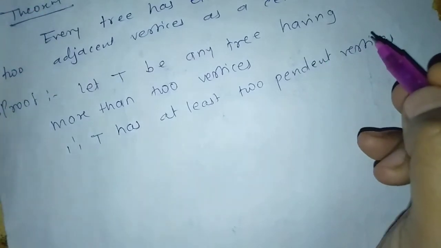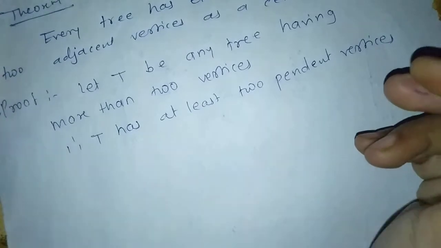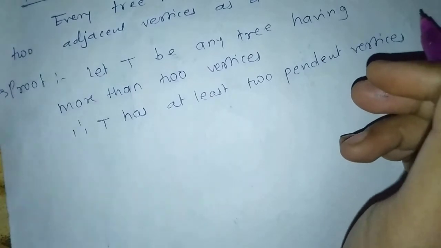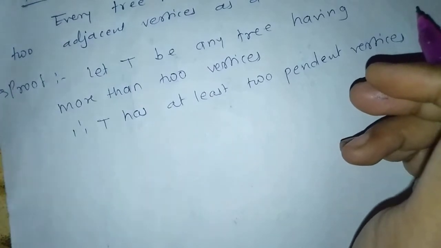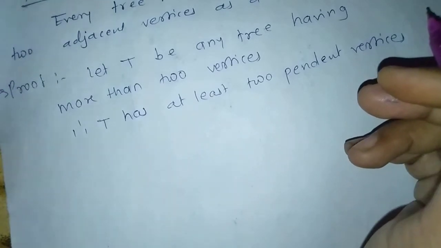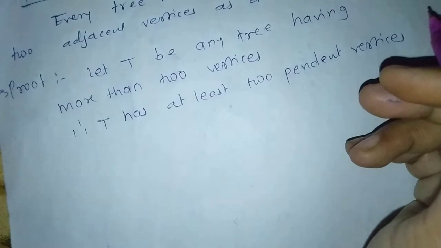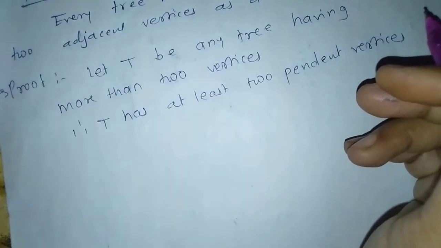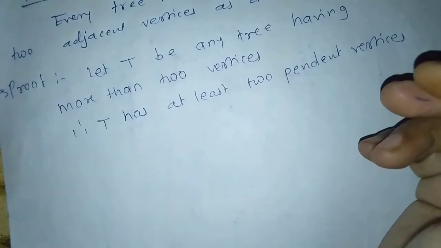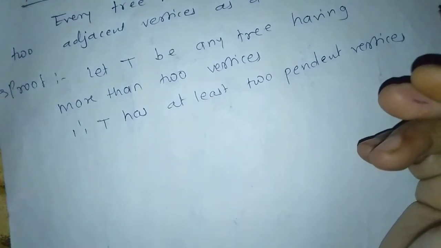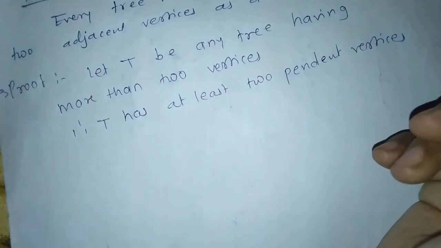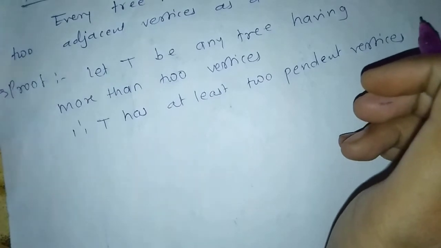We have already seen that remark of the trees. Actually, there is one remark: if T has more than n vertices, then T has at least n minus 1 pendant vertices.